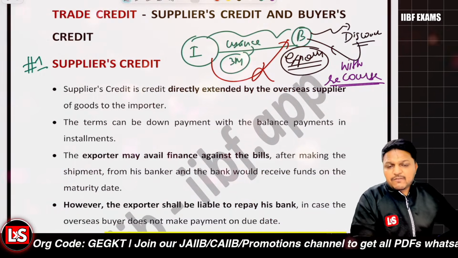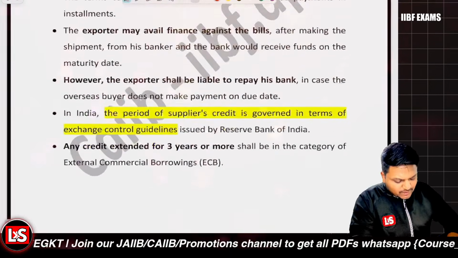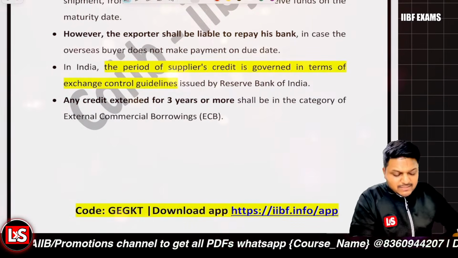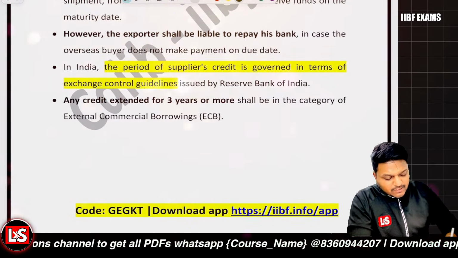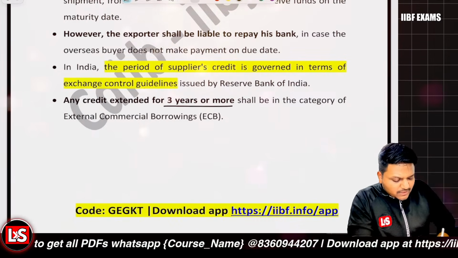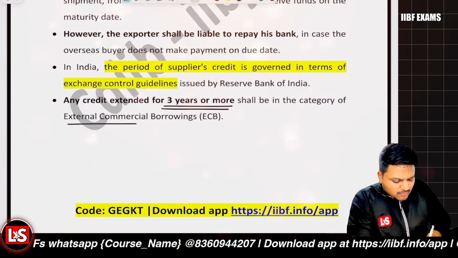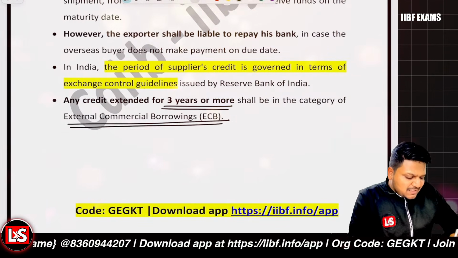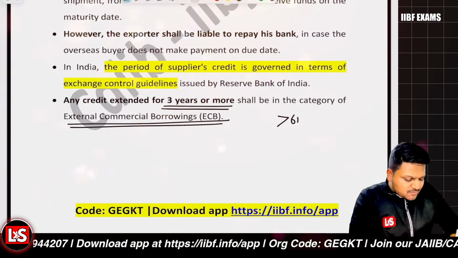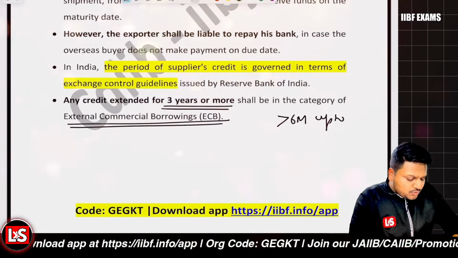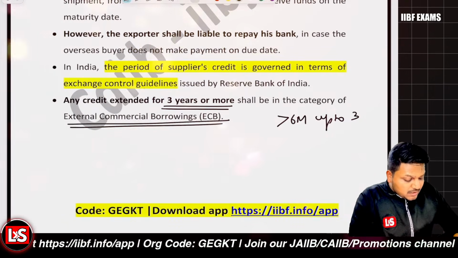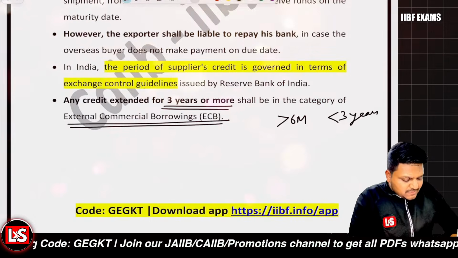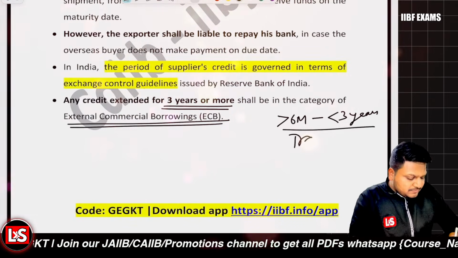Any credit which is extended for up to the period of 3 years is the trade credit. And if it is equal to or beyond 3 years, then it is said to be external commercial borrowing. So simply, it is basically allowed up to 6 months, but if it is greater than 6 months and lesser than 3 years, then we say this to be trade credit.